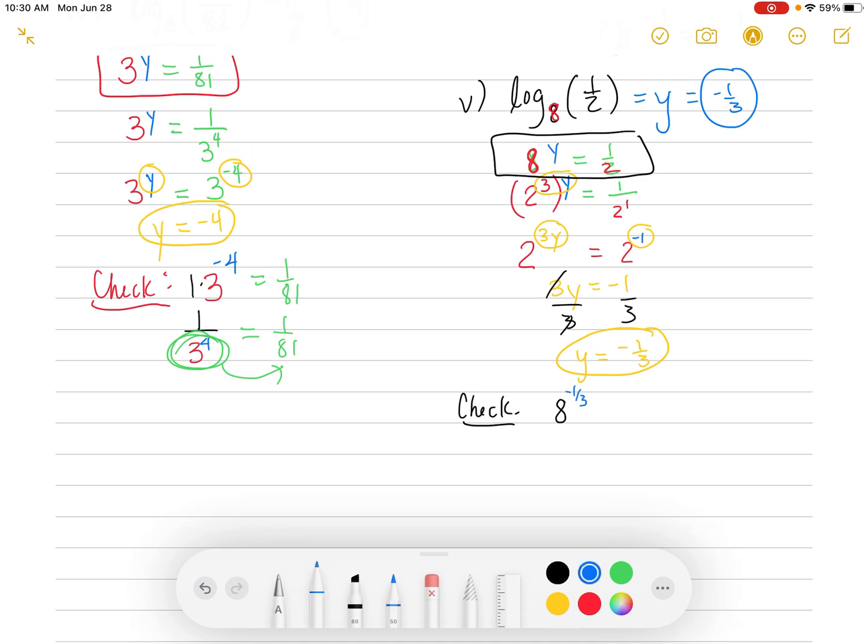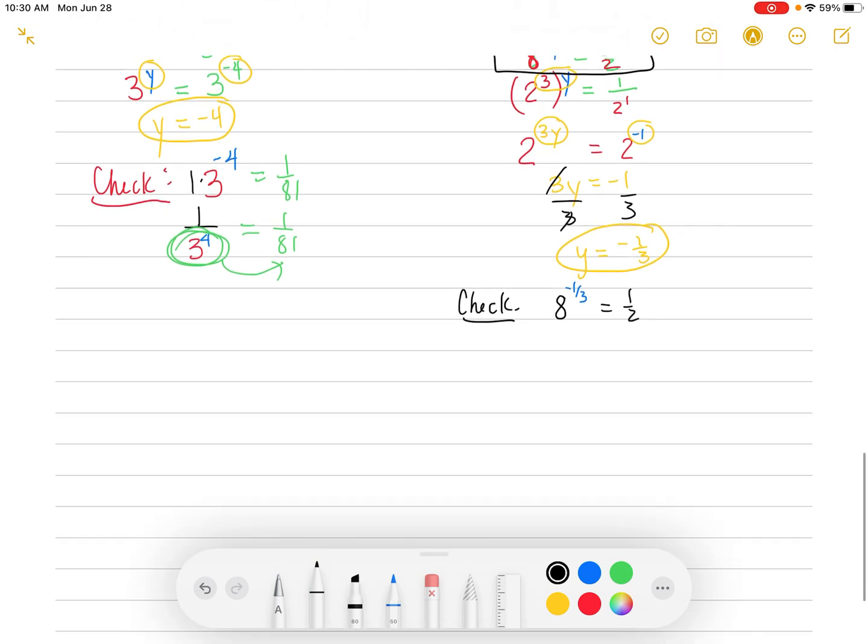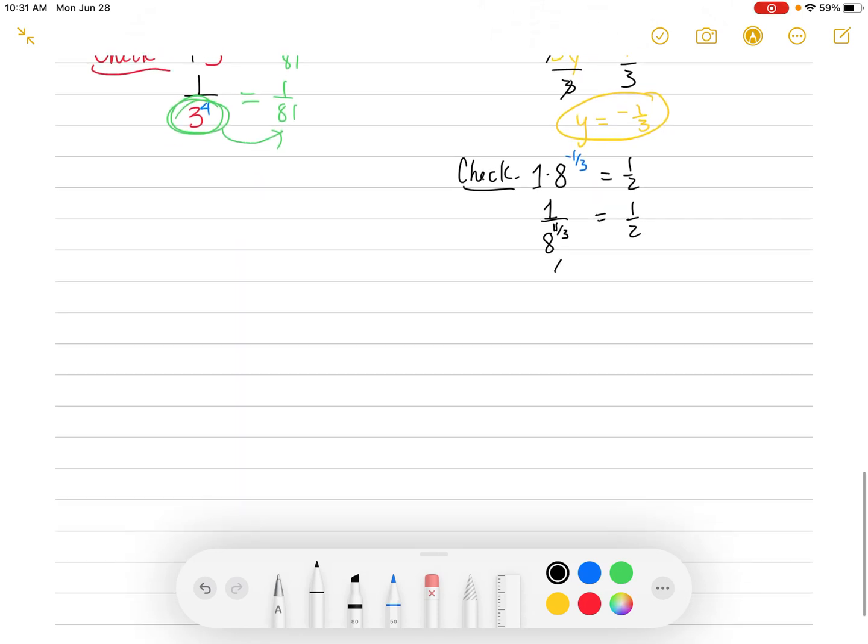Now, if you wanted to check that, you don't have to check these, but let's check it. I'm going to go back to the step I put in the black box. I have 8 to the minus 1/3 equals 1/2. Let's see if it checks. Well, what does 8 to the minus 1/3 mean? First of all, think about the negative power. The negative power means you're going to keep a 1, which is out front here, on top, and take 8 to the positive 1/3 to the bottom.